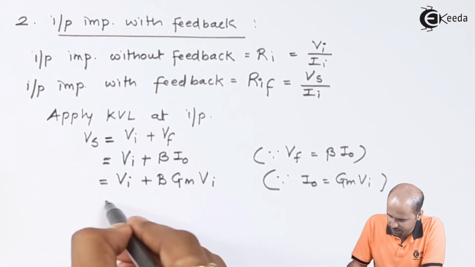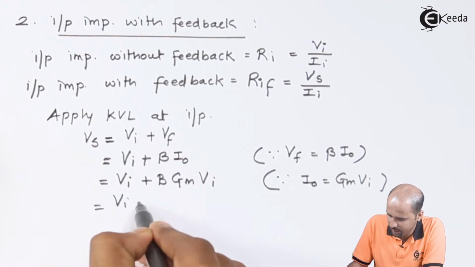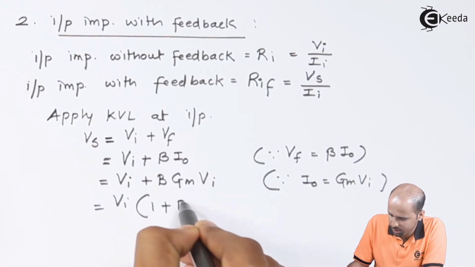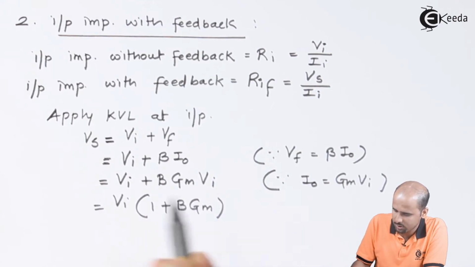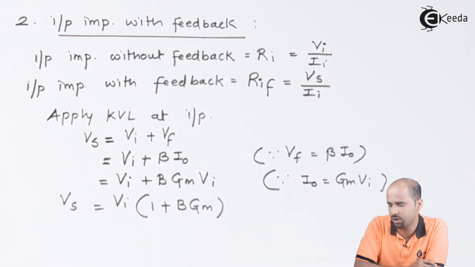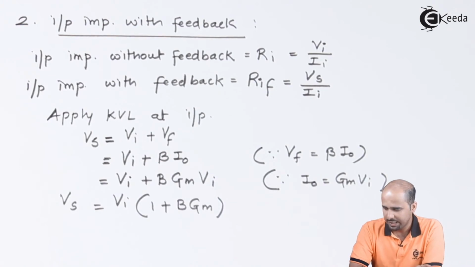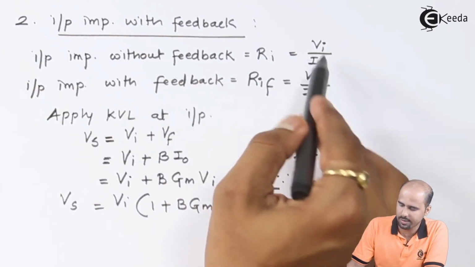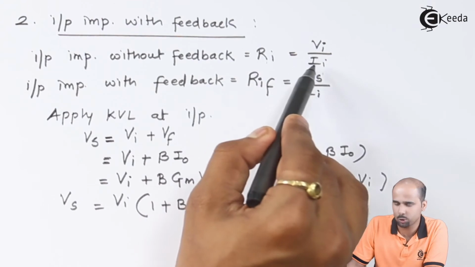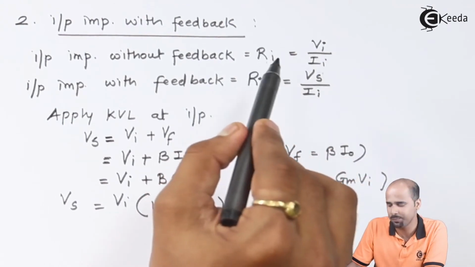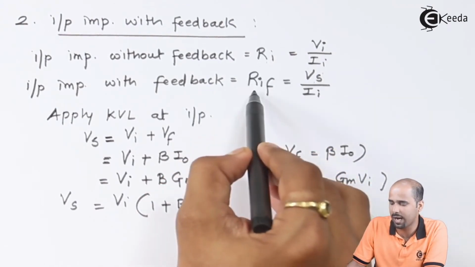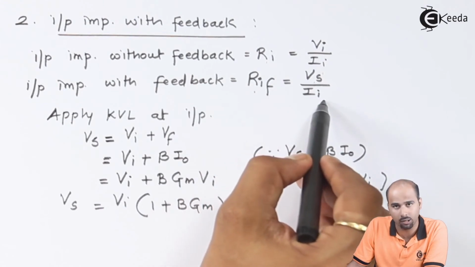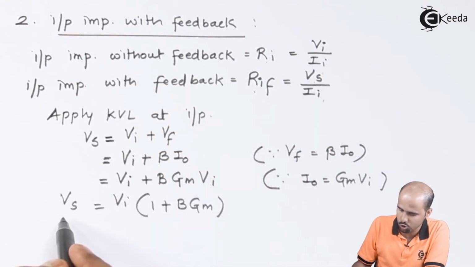Okay, I can take this Vi outside. Vi (1 plus B into Gm). Simple. This is nothing but your value Vs. From these two equations, we will get to know that Ri into Ii is nothing but Vi, and Vs is equal to Rif into Ii. Okay, so we'll put these values over here.